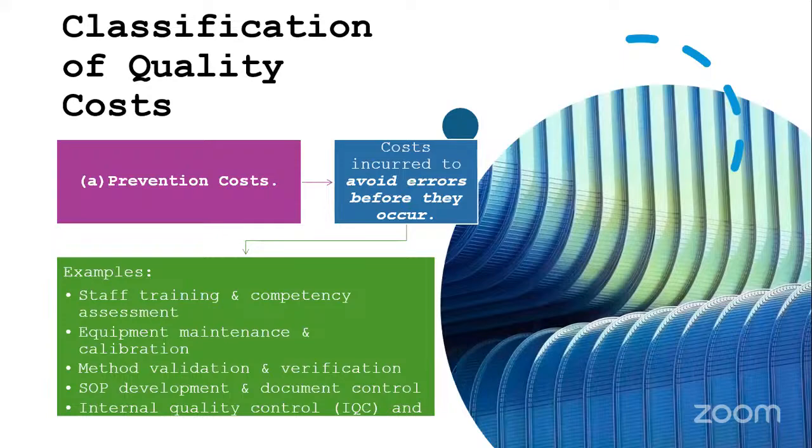Then there's a cost attached to internal quality control, IQC. We must be cognizant that it's not just a process. There is a cost that comes with that process, and it's called the preventive costs. These are costs that you incur, you put in quality assurance processes before the errors actually occur. So that is something that we need to understand.